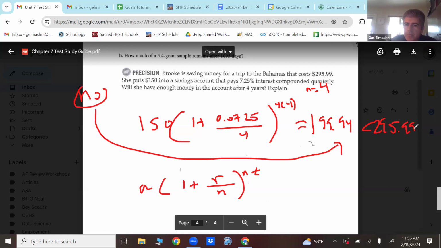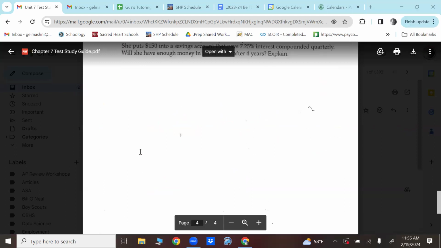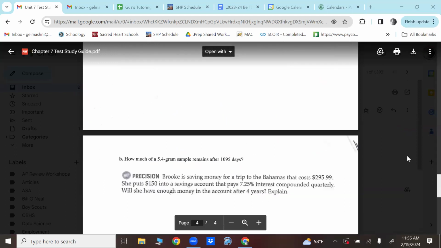It's actually a cheap trip. Maybe this is like 200 years ago. Who knows? Or maybe the airfare, from the East Coast. But that's good. I definitely need help with these types of problems, just understanding them, for sure.